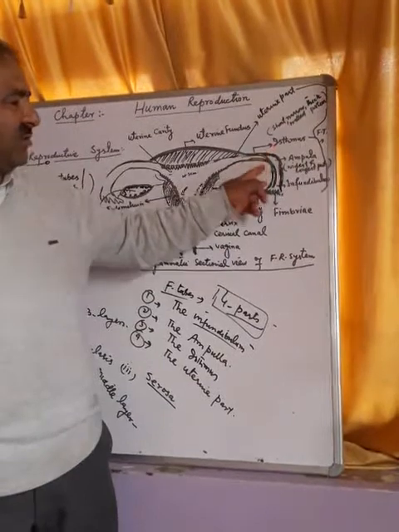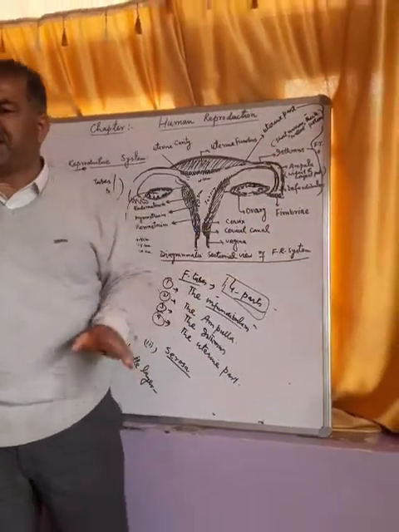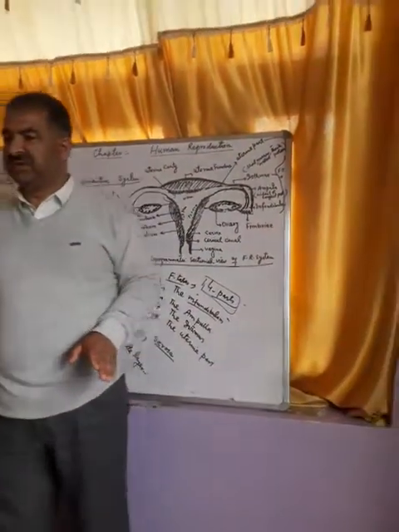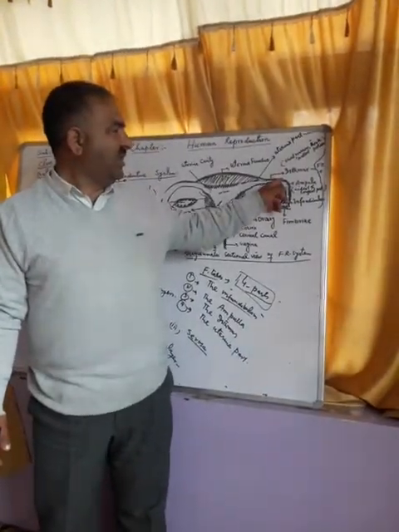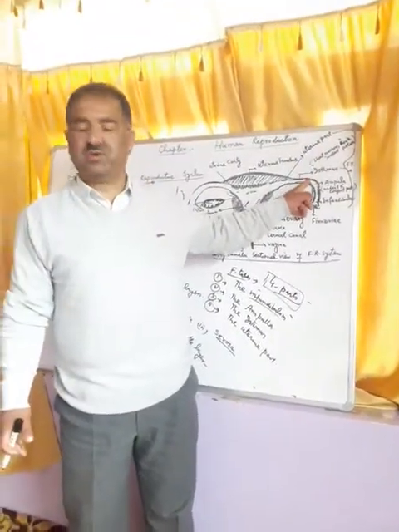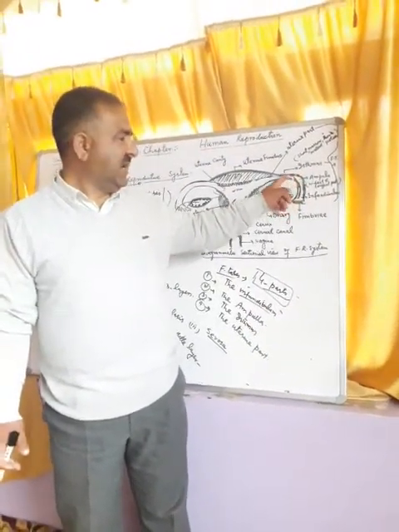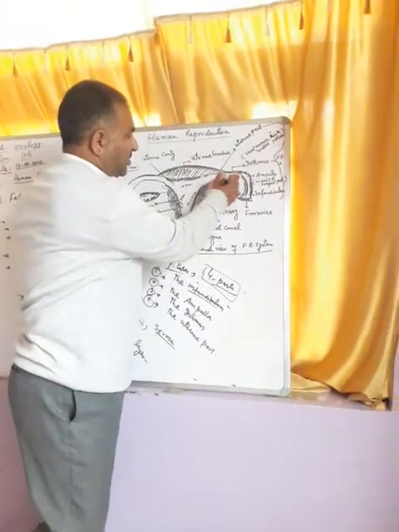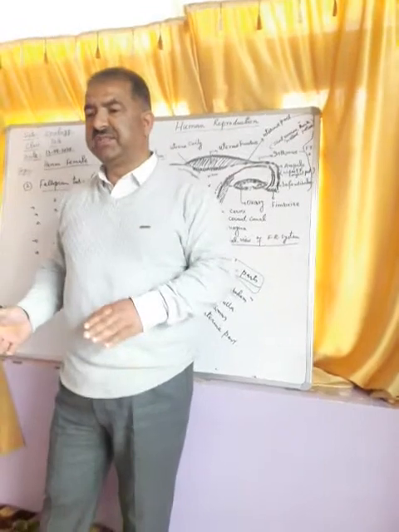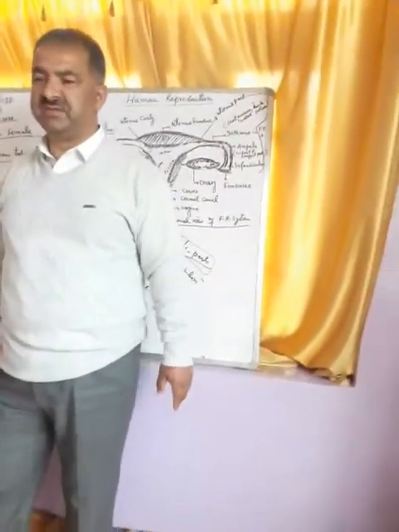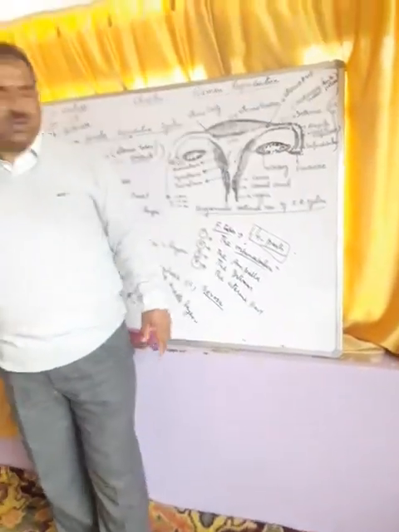The isthmus is the short, narrow and thick-walled portion of the fallopian tube. And this portion is the uterine part, the fourth part. This part passes into the uterus.